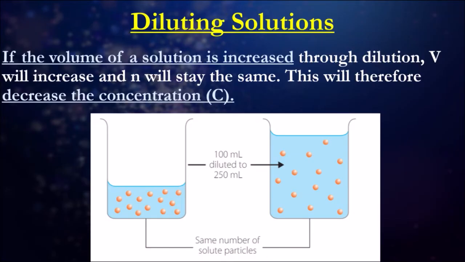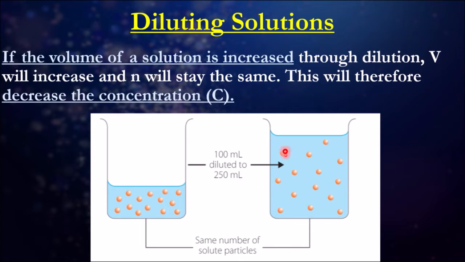If we have a look at diluting solutions, we can compare the two beakers here. One has 100 milliliters of solution. It has this amount of particles, and we increase that volume by 250 milliliters.